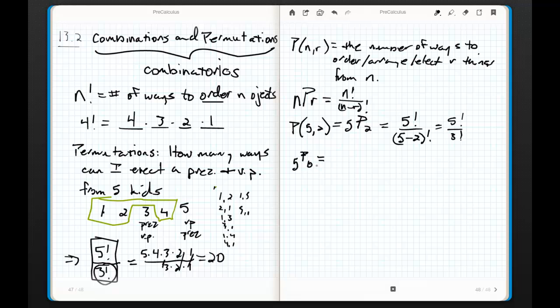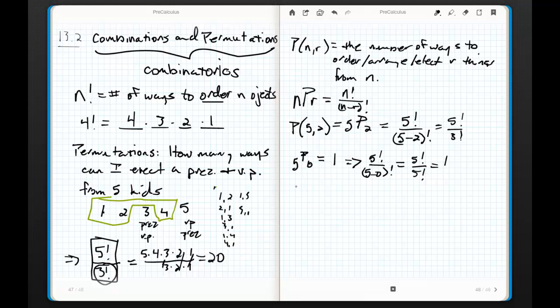How many ways are there to order 0 things from a total of 5? Well, there's one way to do that. Don't order anything. Now, look at the equation. Let's make sure, because I could be lying. I take 5 factorial, and I divide it by 5 minus 0 factorial, which is equal to 5 factorial divided by 5 factorial, a.k.a. 1.